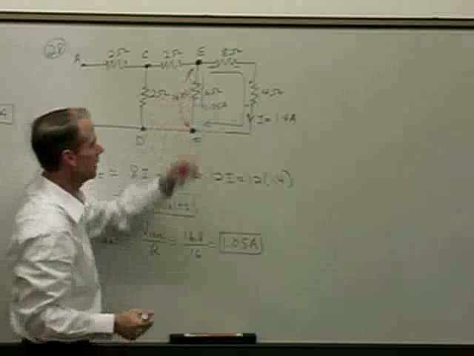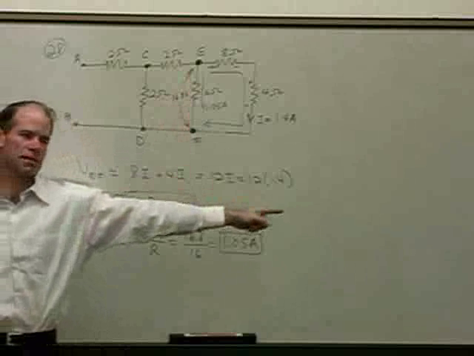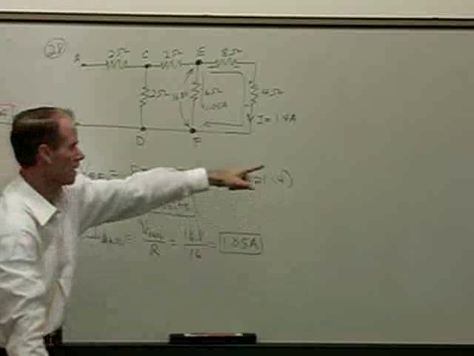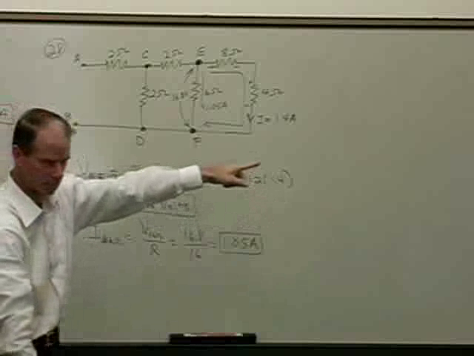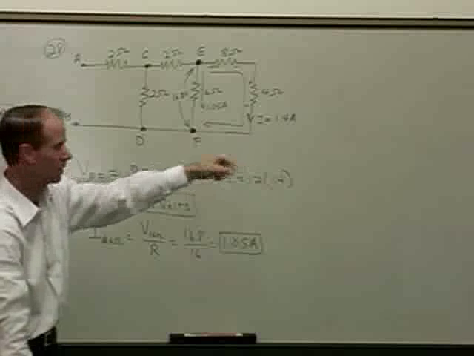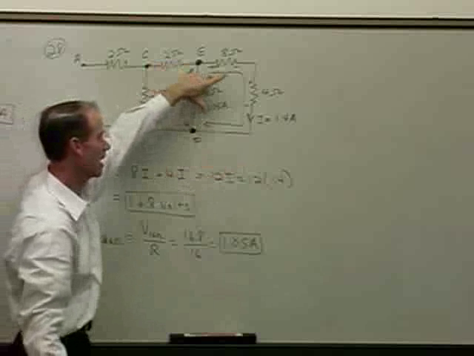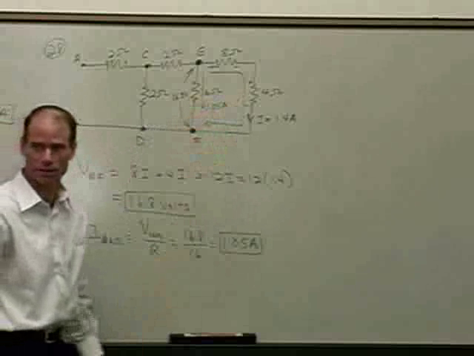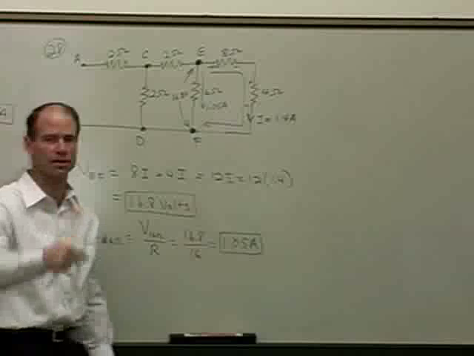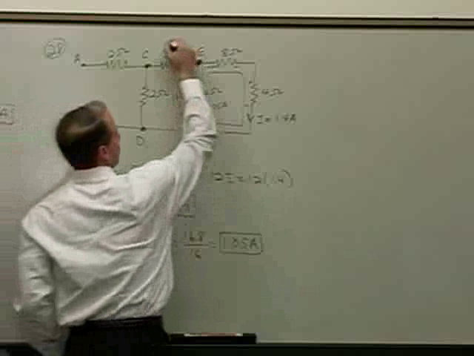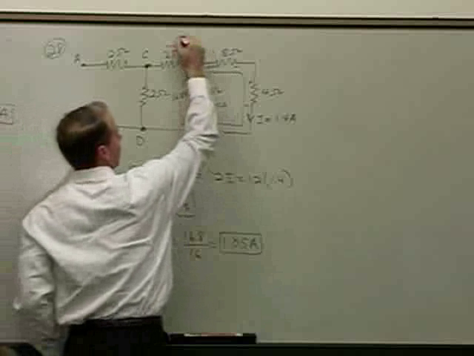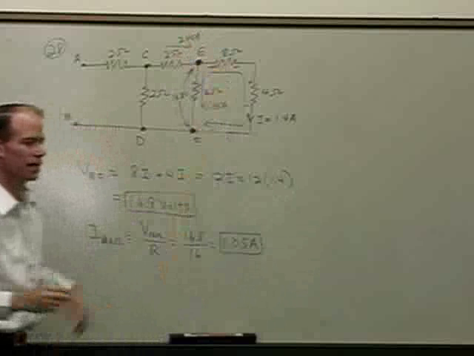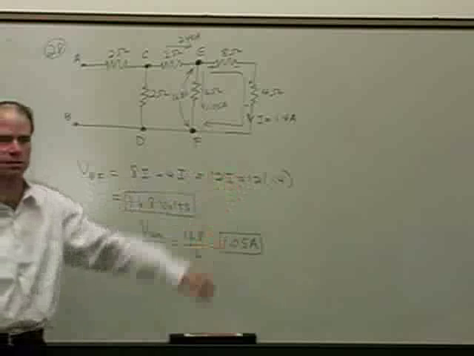Well, at this junction E, I've got 1.4 amps coming out into the outer branch, 1.05 amps coming straight down through that branch between E and F. So there is 2.45 amps coming out of this junction, which means there must be 2.45 amps coming into the junction. So right here, there is 2.45 amps coming into this junction, splitting into those two currents.